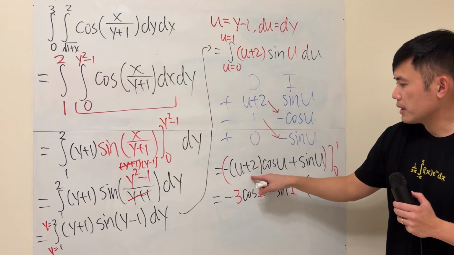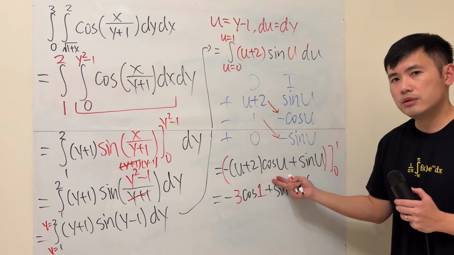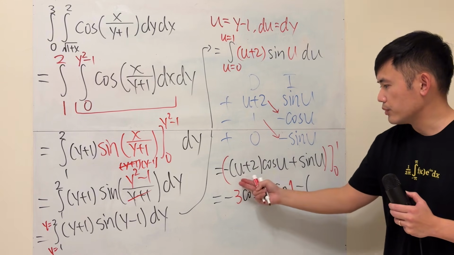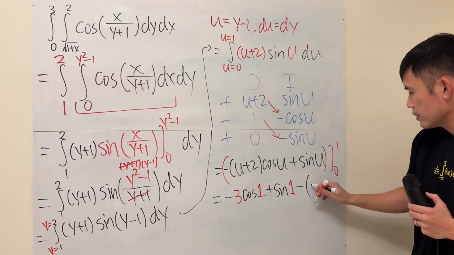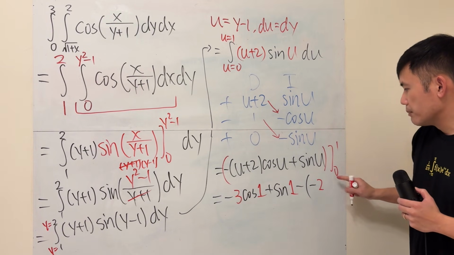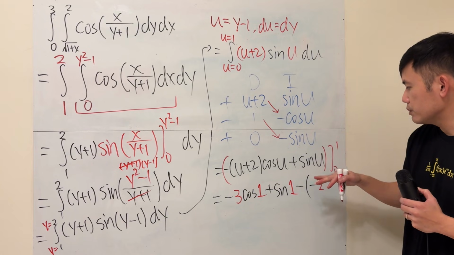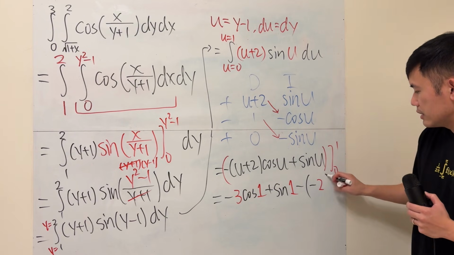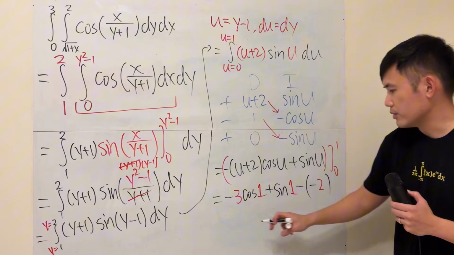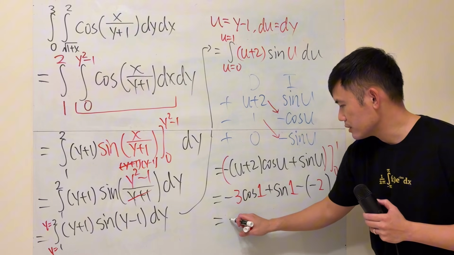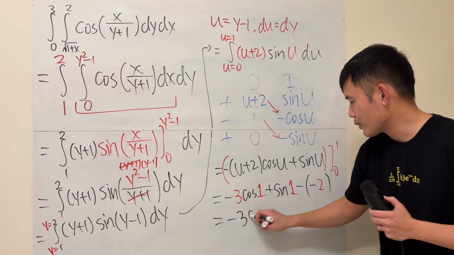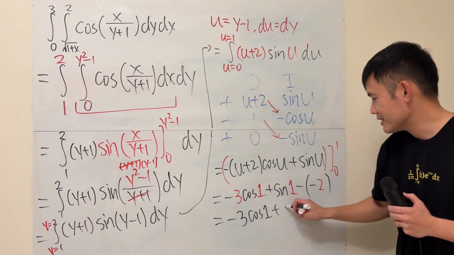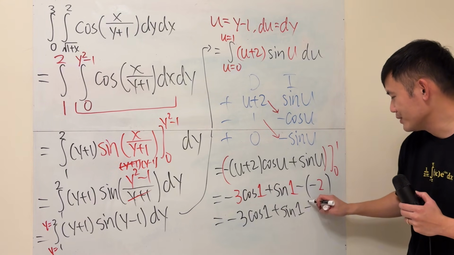Okay, 0 plus 2 is 2, and then cosine 0 is 1. So we have 2, and that's a negative 2. Plugging 0 into sine u, sine 0 is 0, so yeah, that's what we have. So negative negative 2 is plus 2, so that's just negative 3 cosine 1 plus sine 1 plus 2.